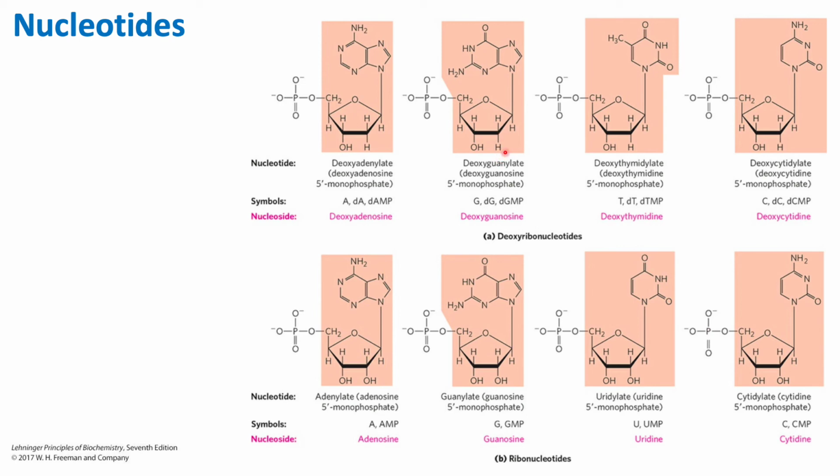We actually have a hydrogen. But if we take a look at our RNA, we have an OH group at that carbon.